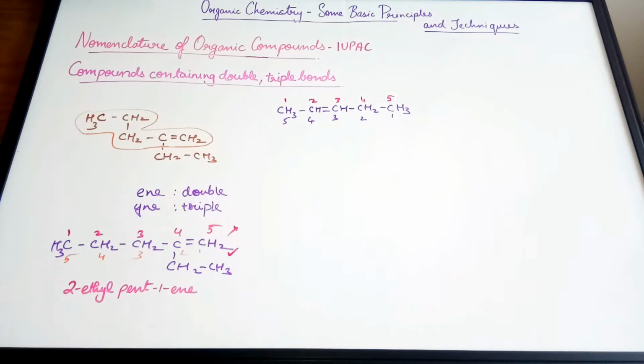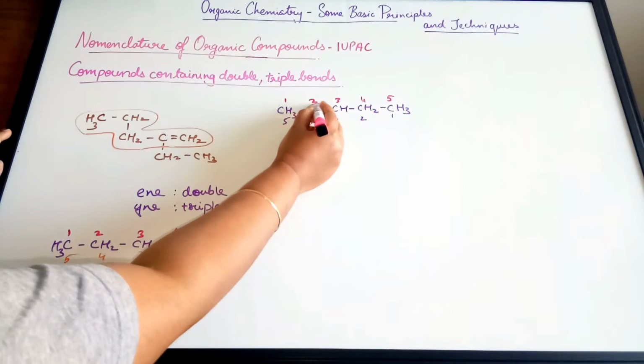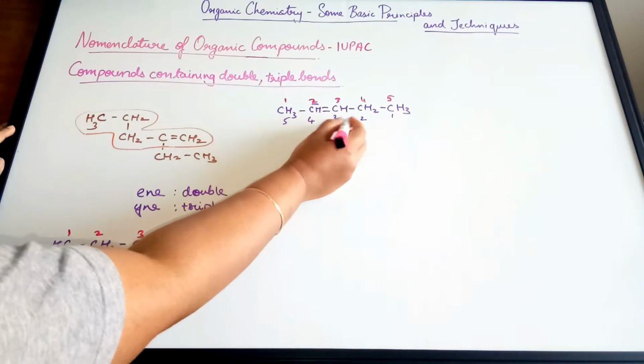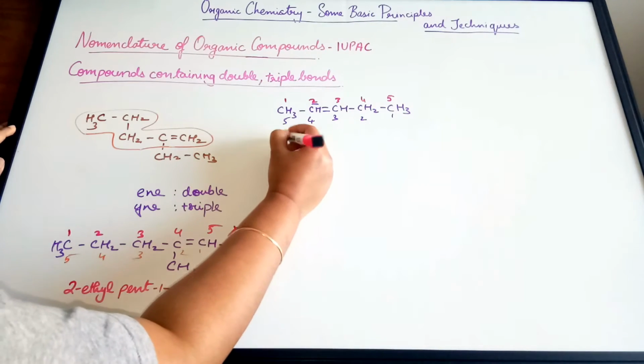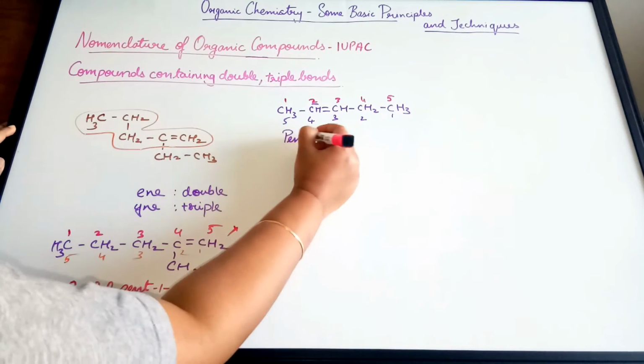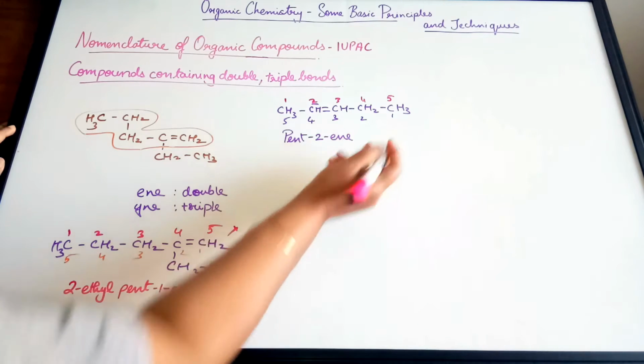The double bond has to have a lesser number, or the locant has to be less. So here it is 2 and 3. Obviously 2 is lesser, so we will be considering 2, and the name of this compound is pent-2-ene.